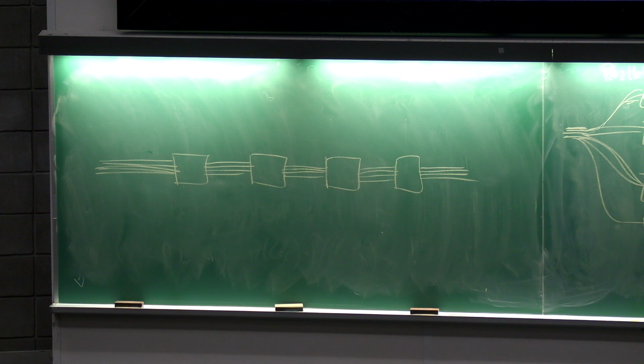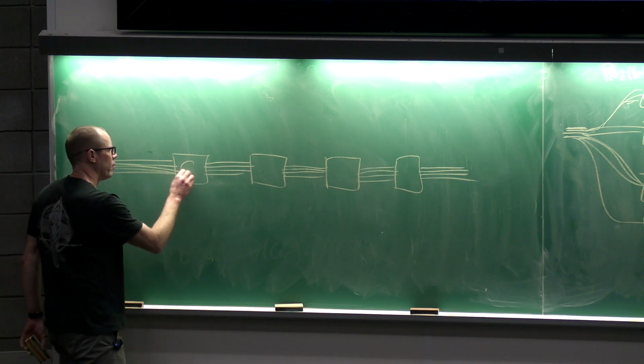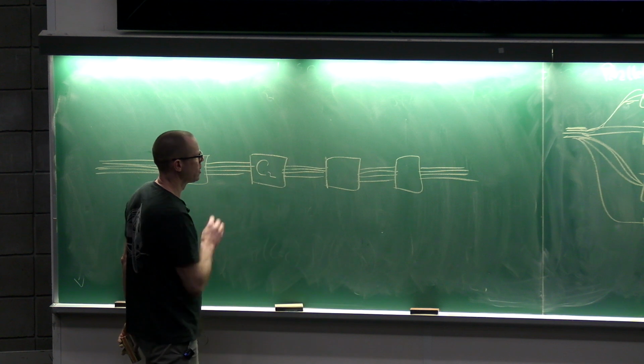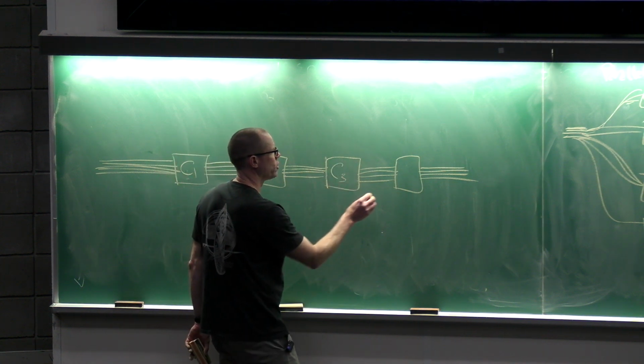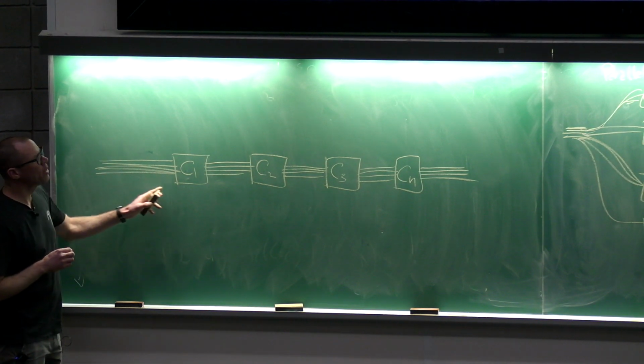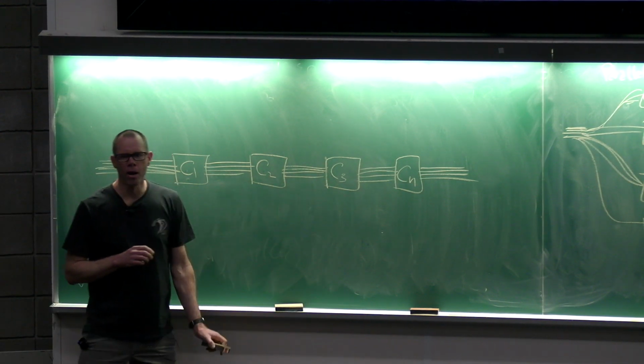So when is this going to work? Well, it's going to work if the first person does their job. So the first person is circuit 1, and the second person does their job, and the third person does their job, and the nth person does their job. If any one of them doesn't do their job, you're not going to get 100% on the assignment.